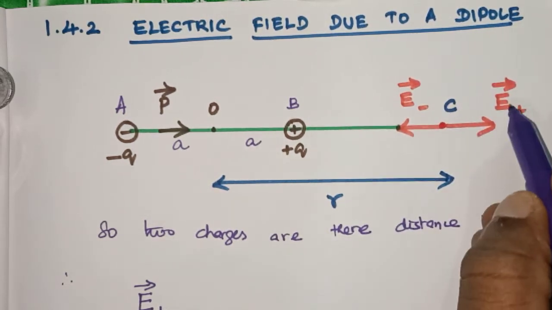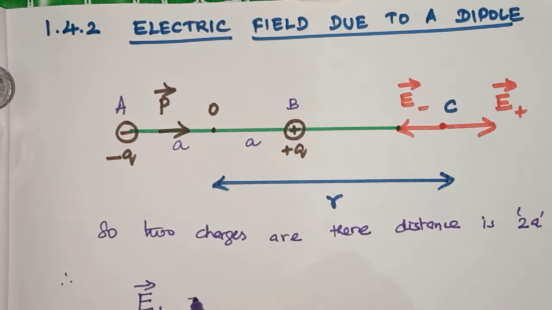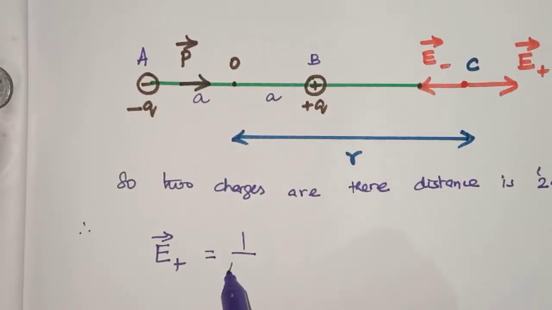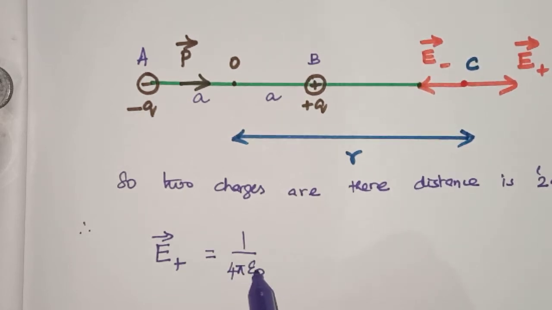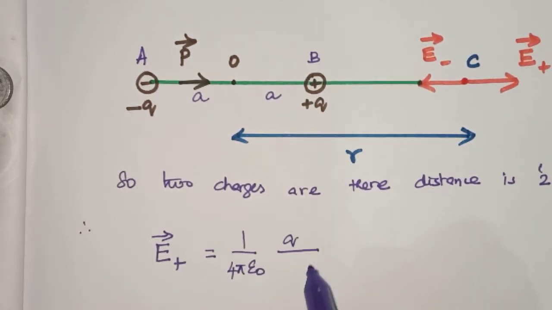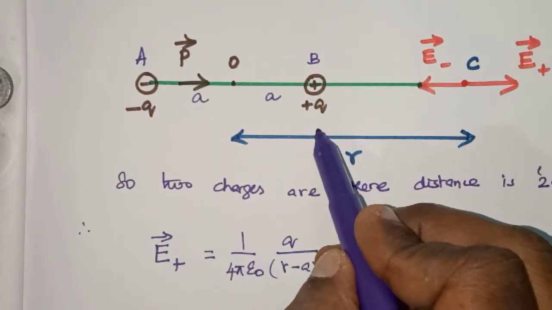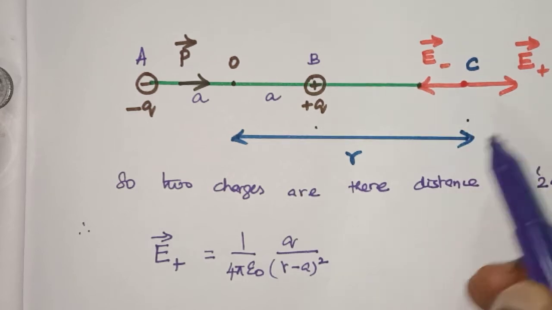Therefore, E vector plus equals 1 by 4 pi epsilon naught, Q by R minus A whole square. What is R minus A? I am going to calculate from this to here.